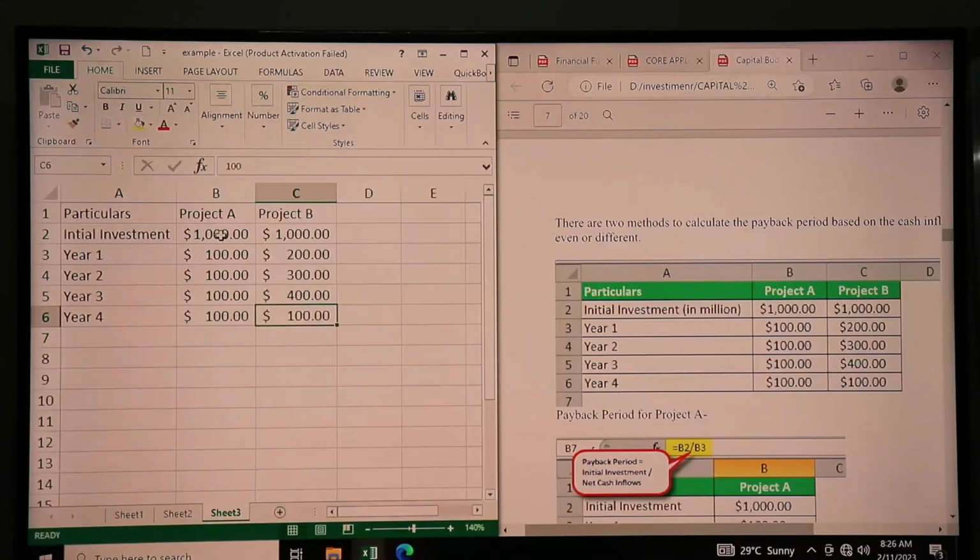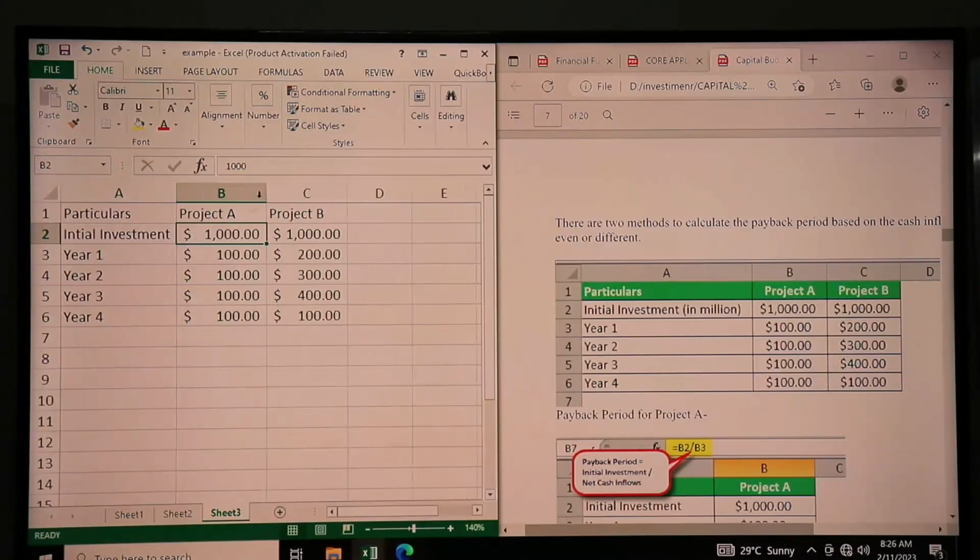The first project we invested in has a constant payback. It is paying a constant amount of $100.